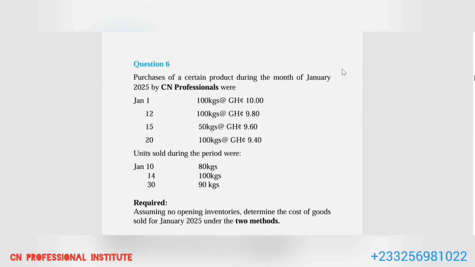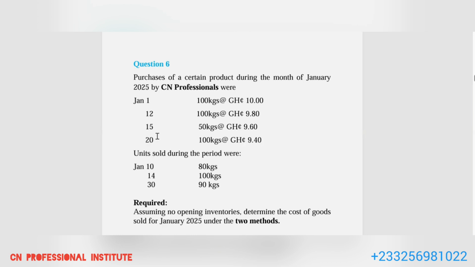So this is a question that we are going to solve. It says purchases of certain products during the month of January 2025 by CN Professionals. We have the units purchased and the units sold.